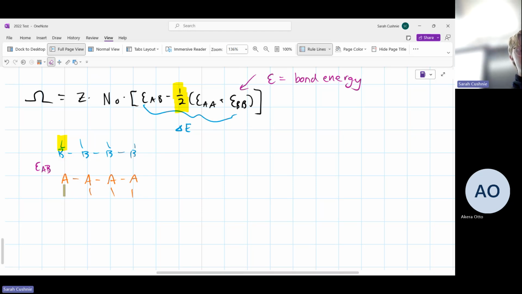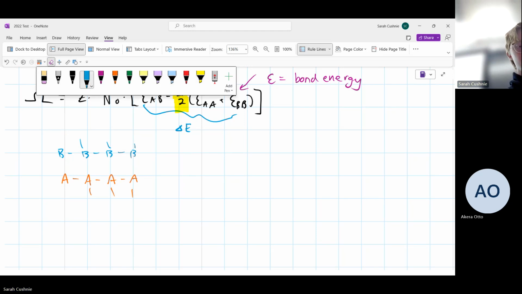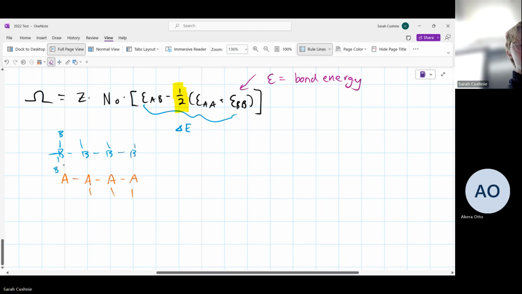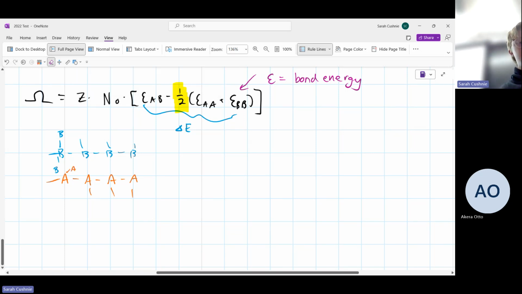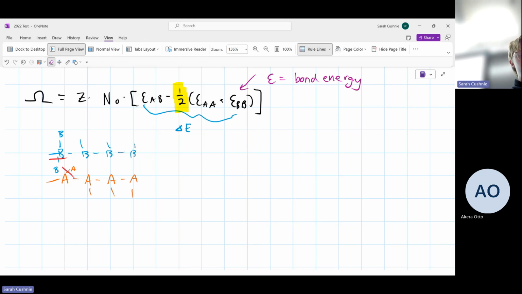Yeah, so we can think of it as, I'll draw it a little better. We have this lattice of B bonds and this lattice of A bonds, and they're all happy. Then we need to break one B bond and one A bond in order to form that AB bond. So we form one bond.